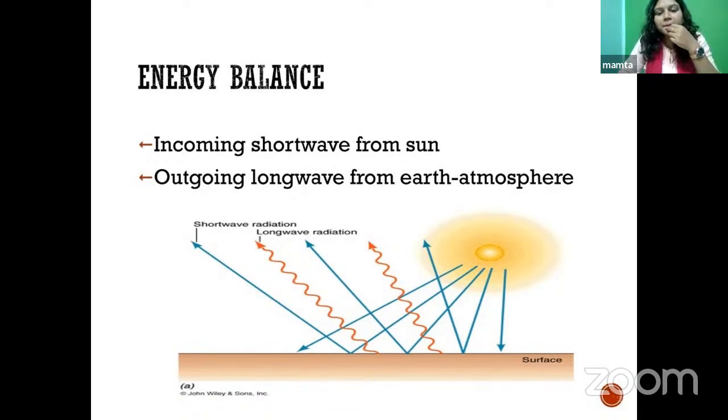Can you tell me? Anyone? My question is, among X-ray, ultraviolet, visible, infrared, far infrared, microwaves, which are those which come from the sun?